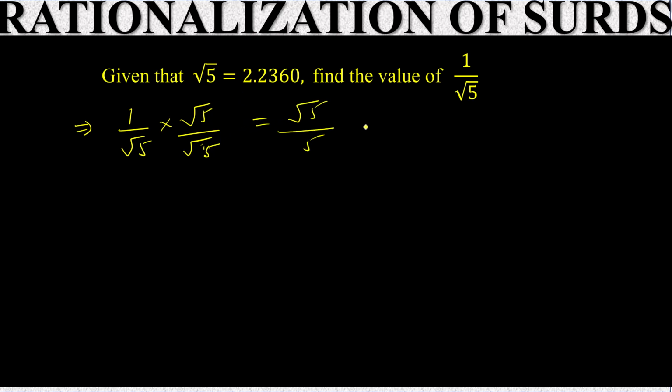Okay, so we know this. Root 5 is 2.2360, so let's substitute 2.2360 on 5. So it's calculator work. Take a calculator, then punch this in, then write the answer down. Alright.